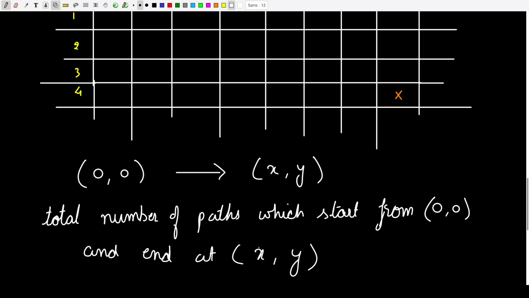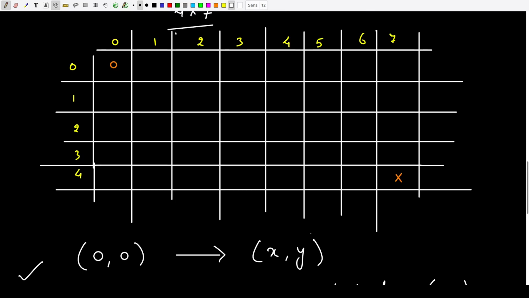In the question it is mentioned that we are at position x, y and we would like to move to 0, 0 and compute the total number of paths. What I have done is I have reversed this problem. I would like to compute the total number of paths which start from 0, 0 and end at x, y. These two problems are equivalent to each other, because of which if we solve this problem also we will get our solution. So let us try to solve this problem.